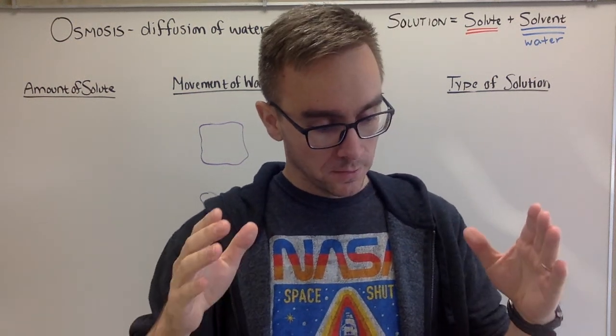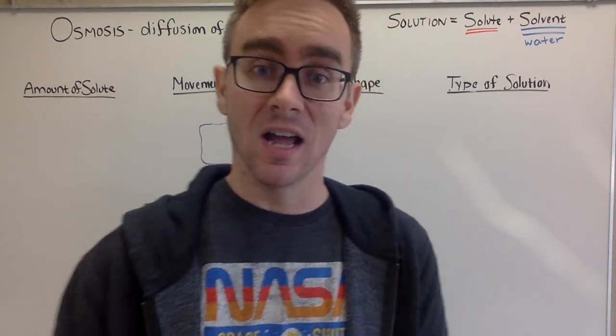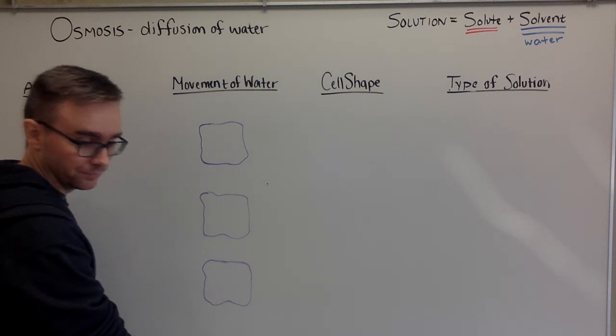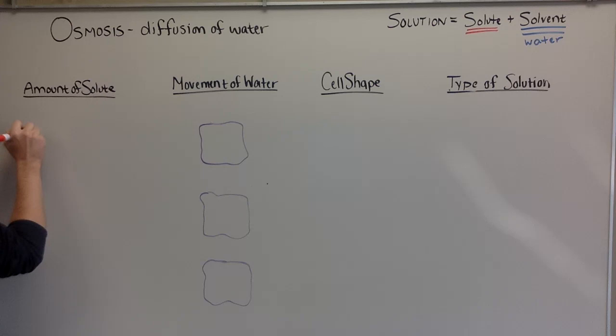All right. So the first one we're going to talk about is a solution where we have a lot of solute. We're going to talk about a high solute solution.